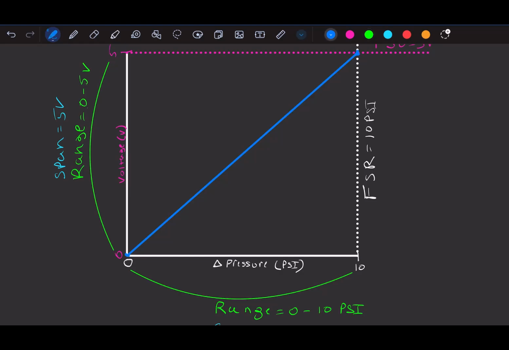One last thing we could talk about is this line. This line follows y equals mx plus b. There are 2 special names in here too. This b value we call a null offset, so how far up the y-axis we come. So when we're at 0 psi, what is that value that we get out?